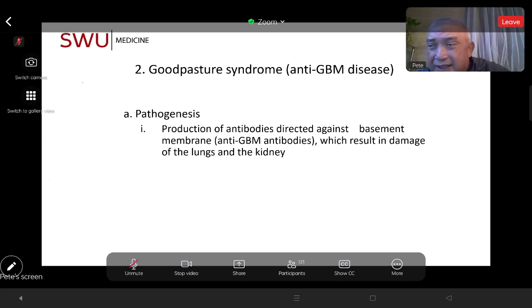Number one is your liver, and this is known as hepatorenal syndrome. Number two is your lung. This will give you your Goodpasture's disease and your Wegener's granulomatosis.